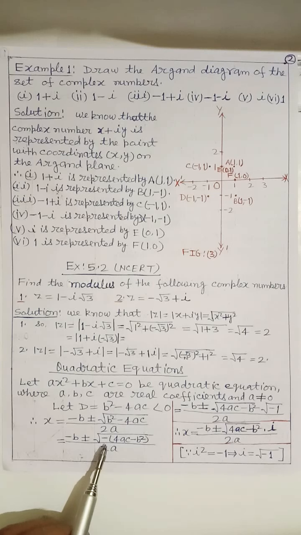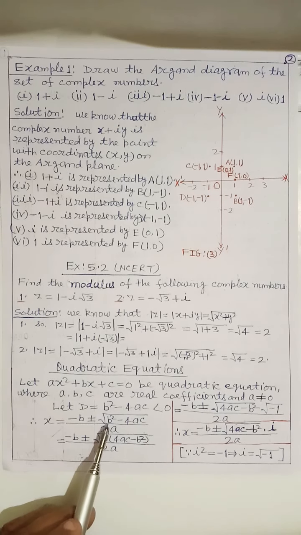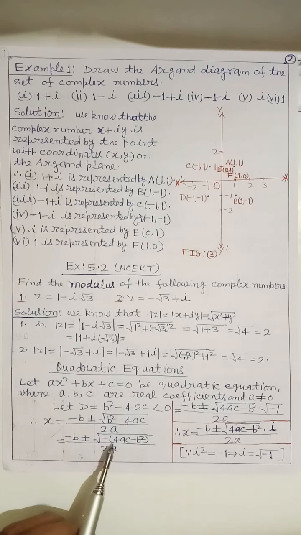square root of minus. Here we have taken minus as a common. We get minus in bracket 4ac minus b square by 2a, and here this is like minus 1. So for this we can write i square.